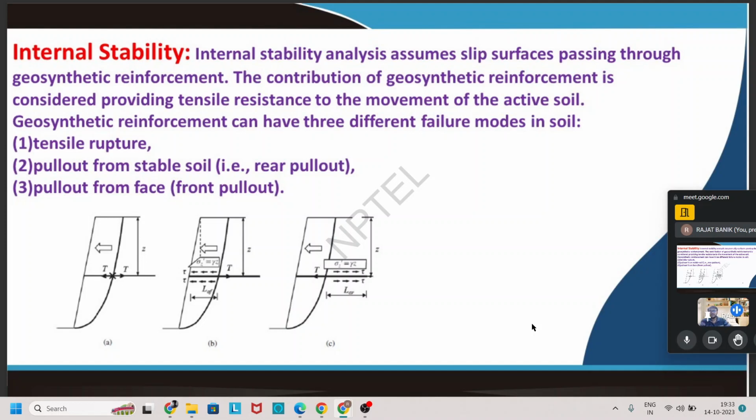So these are the three different failures for internal stability. Here three schematic diagrams are given.